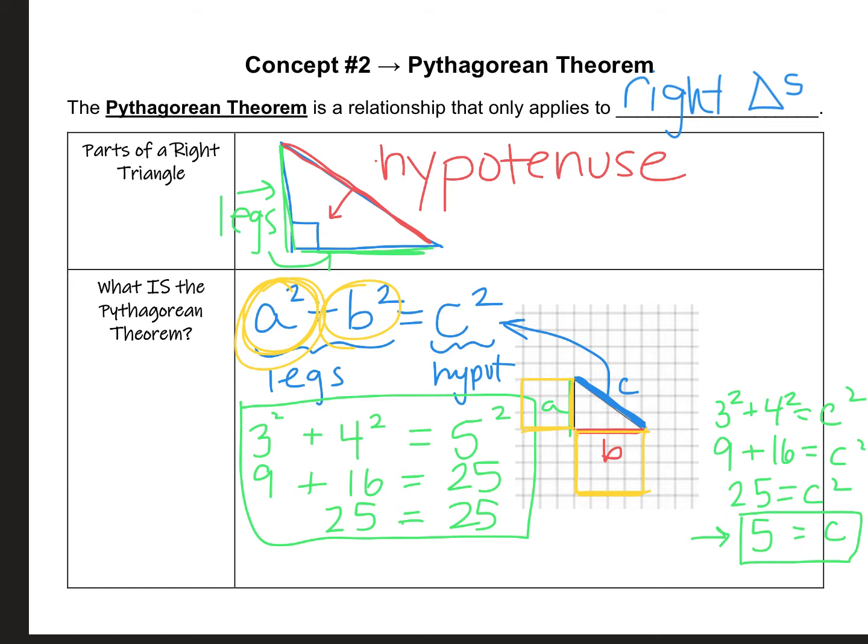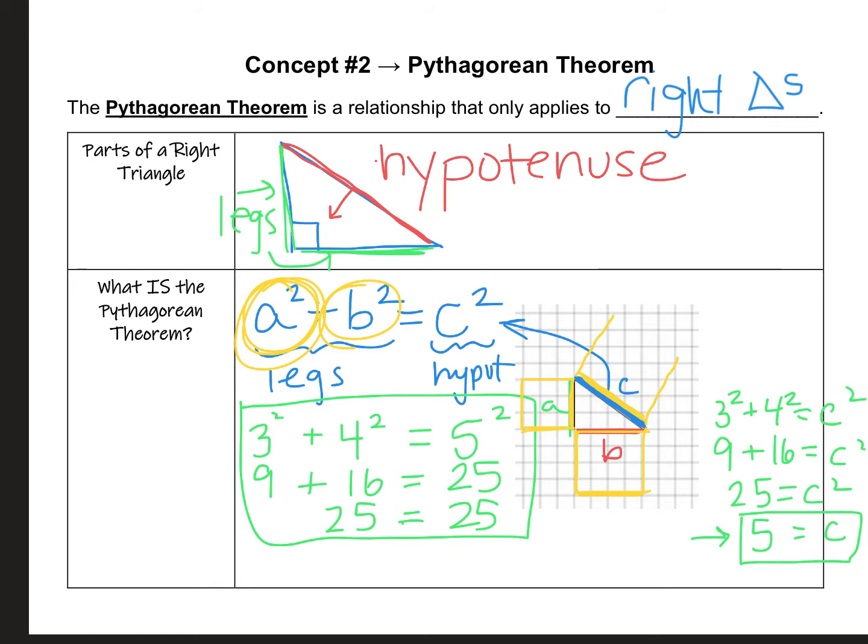Okay, so finally, the last square is a little harder to draw because it's not going to be on the grid lines. We know now that this length of c is 5, but we're going to draw in a square that would go right along that side. So it's going to sort of be at a diagonal here. It's not going to be perfect. So just try to make it look like it's approximately the same length. We know that this is 5, and a square has all the sides of the same length.